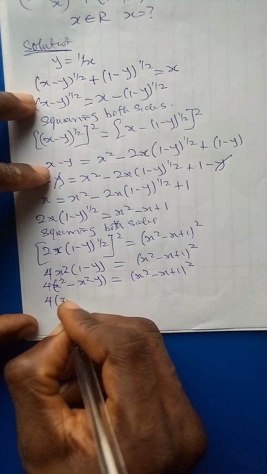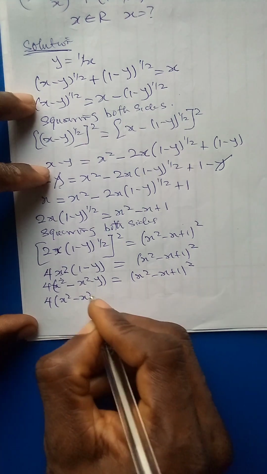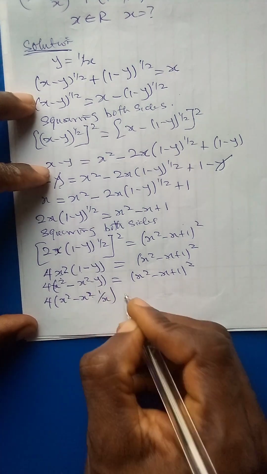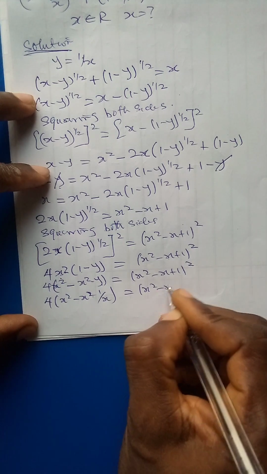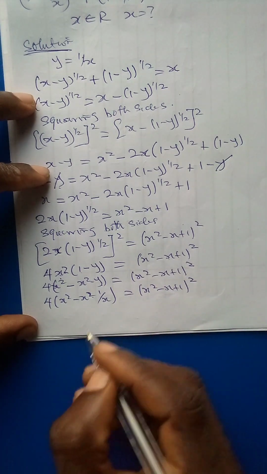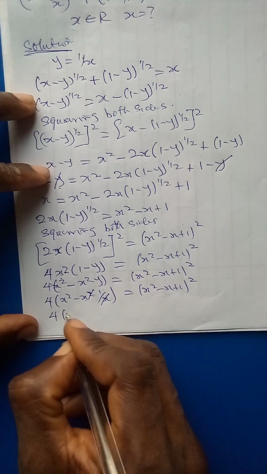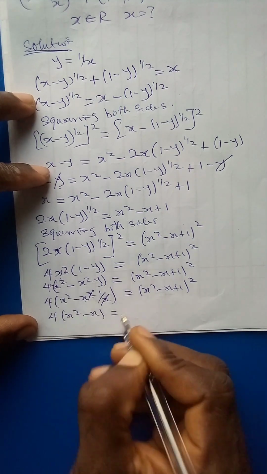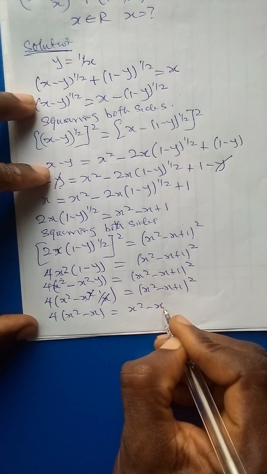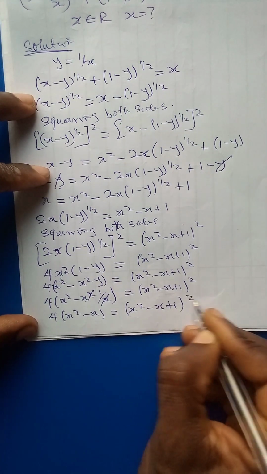So 4 times (x squared minus x squared times 1 over x) is equal to (x squared minus x plus 1) to power 2. Now this and this will cancel out, remaining x. So I have 4 times (x squared minus x) is equal to (x squared minus x plus 1) all raised to power 2.